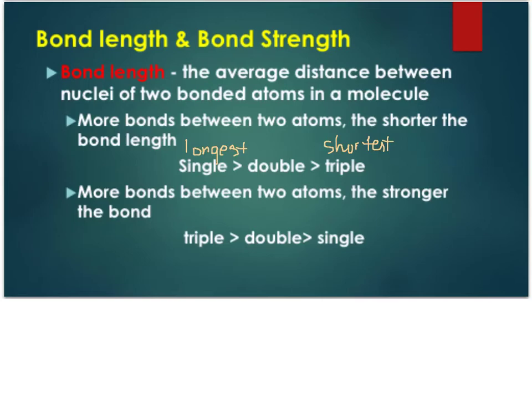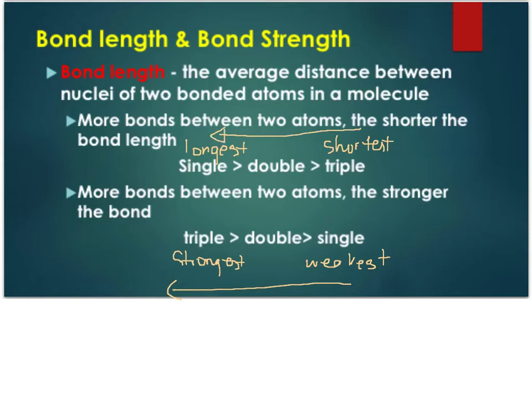So, triple bonds will be the strongest, and this will be the, if I can spell, weakest. Okay? So if we look at that, the strength increases this way, right? And the length increases this way.